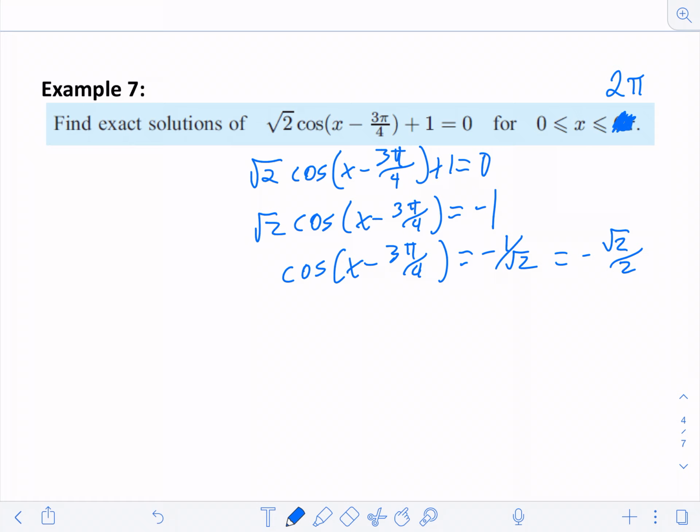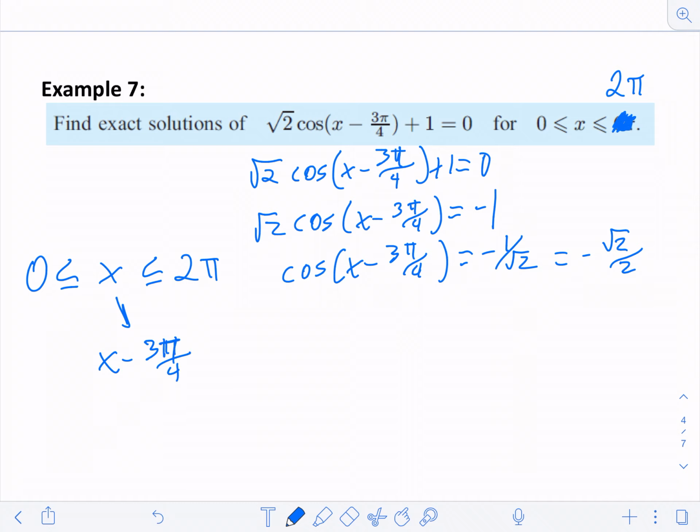Well, remember, before I look at those values exactly, because I've got that x minus 3 pi over 4, instead of looking at 0 to 2 pi, I need to change this a little bit, because this is now going to be x minus 3 pi over 4, right?